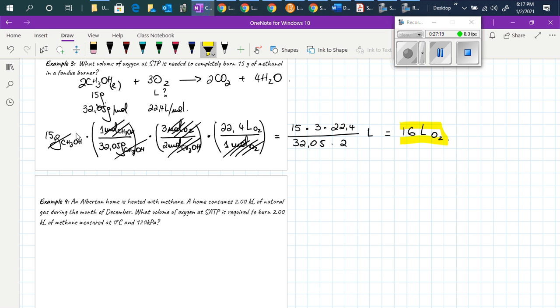This is at STP. If it was at non-standard conditions, then again you have 2 options: either go full stoich, or find the molar mass and the moles, and then use the ideal gas law to find the volume.